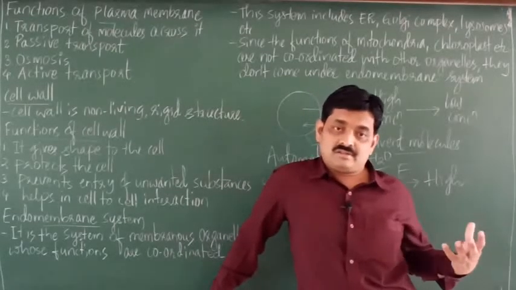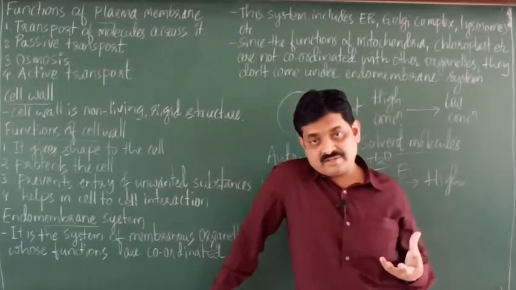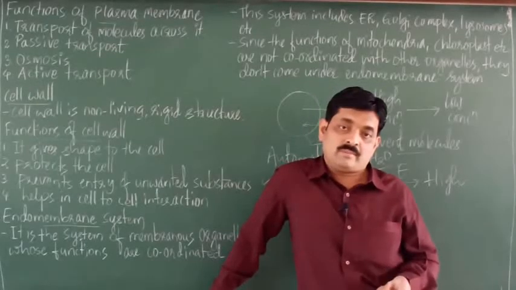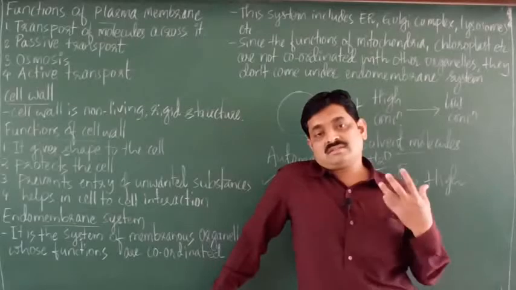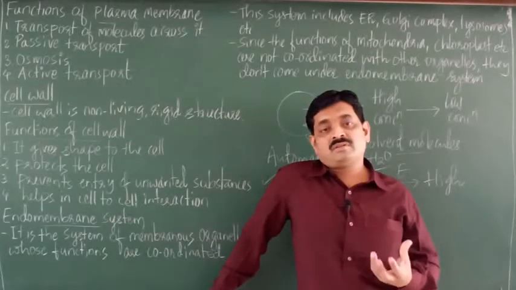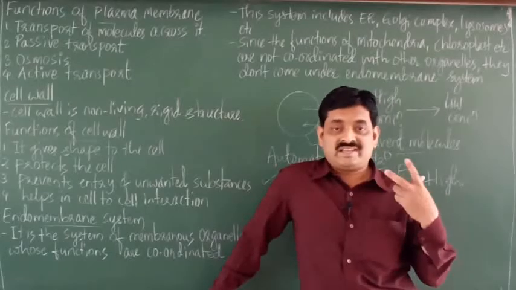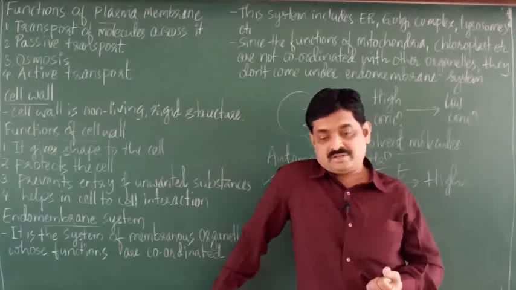All these membranous organelles whose functions are coordinated form a system called the endomembrane system. There are some membranous organelles whose functions are not coordinated.